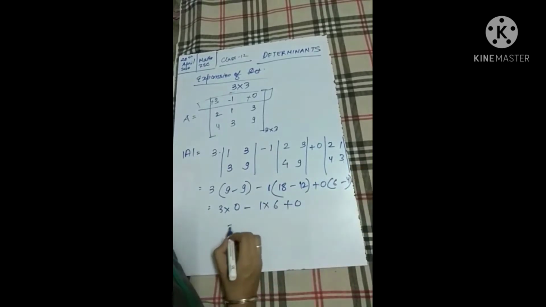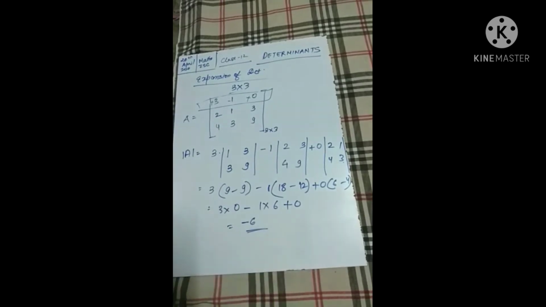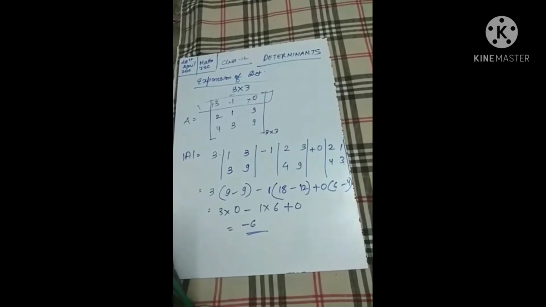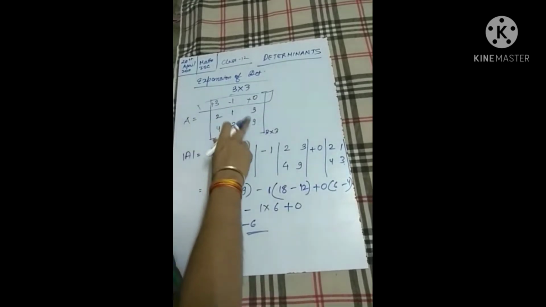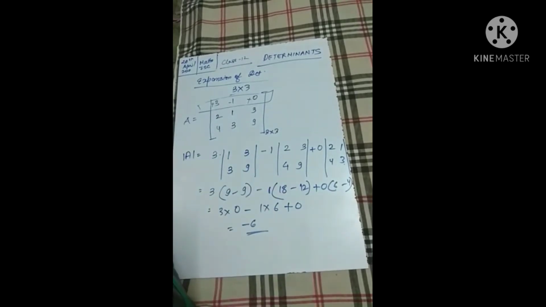This is total 0. So your final answer is what? Minus 6. So this is how we find the expansion or the determinant value of this 3 cross 3 matrix.